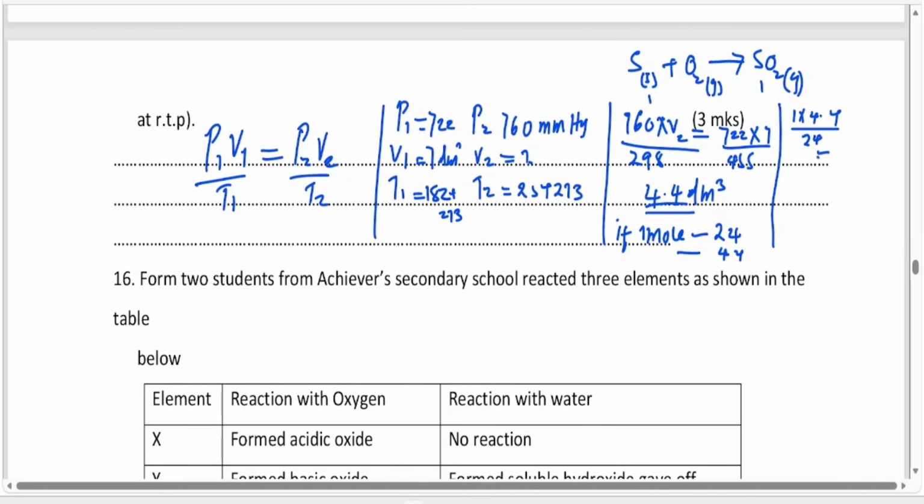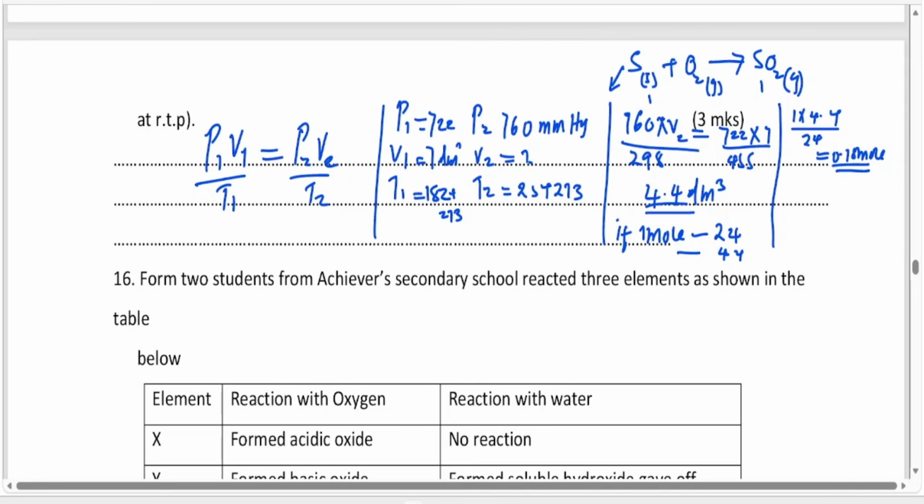When I work this out, I'll get 0.18 moles. Because the mole ratio is 1:1, this will be equivalent to the moles of sulfur. So how will I determine now the mass? I know the molar mass of sulfur is 32.